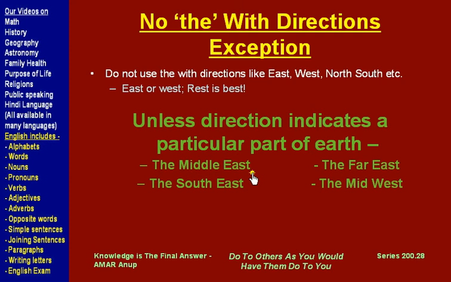The Middle East, the Far East, the Southeast, the Midwest. These are names of political groups of areas, so we use "the" before the name, east, west, south, etc.